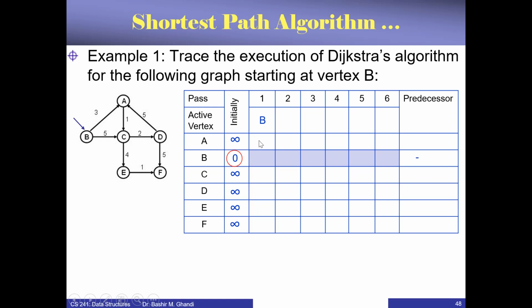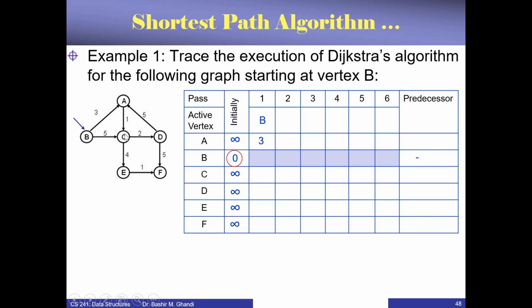If it is equal or not, you don't accept. You only accept if the new value is smaller. So obviously, 3 is smaller than infinity, so we're going to accept a new cost for reaching A to be 3.